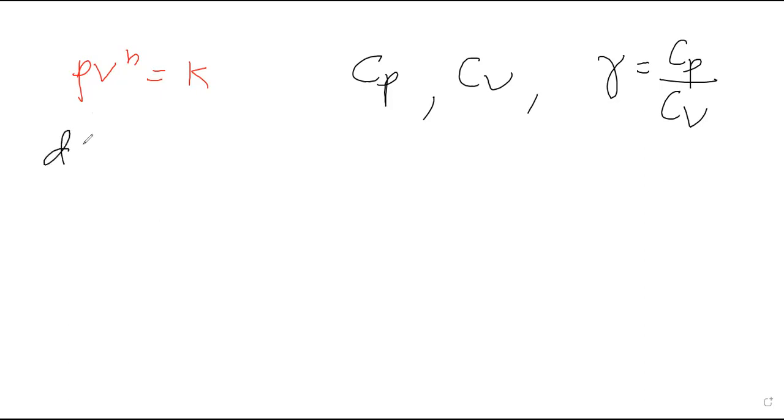Let's say dQ is the net heat supplied to a particular gas. We are considering the 1 mole situation, so this is given by C dT, where C represents the molar specific heat of the gas in the polytropic process.